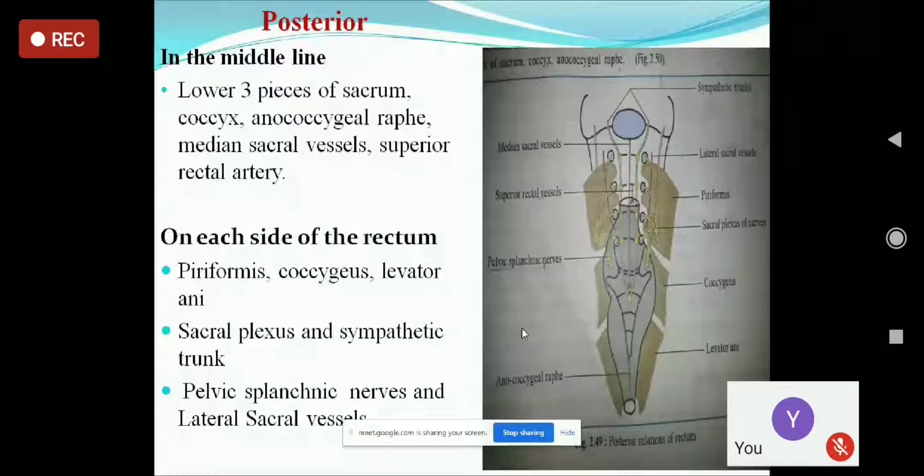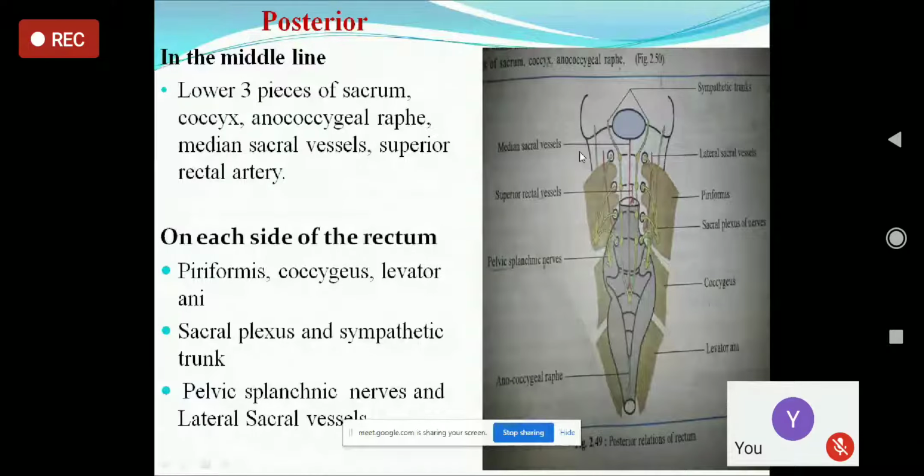Anyway, this is the posterior relation. The posterior relation is again divided into three: in the midline, on each side of the rectum, and lateral. So in the midline, what structures are you getting? You are getting the lower three pieces of sacrum, coccyx, the anococcygeal raphe, the medial sacral vessels, and the superior rectal artery.